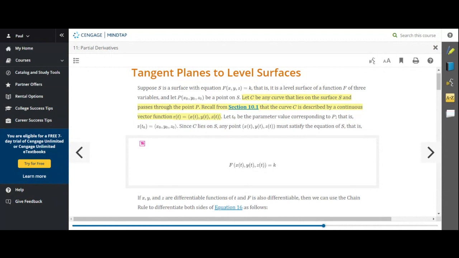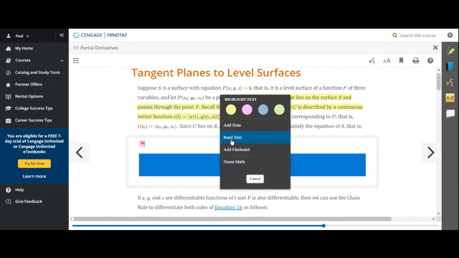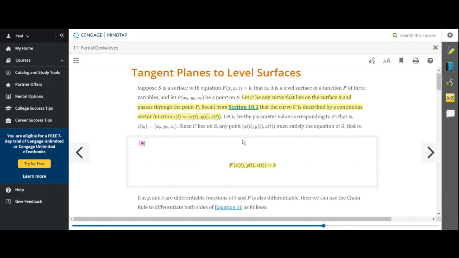You could use a vector function to trace out that curve. The function of x, y, and z set equal to a constant is a level surface, but x, y, and z can be regarded as functions of t because you're tracing out the points with that vector function r.